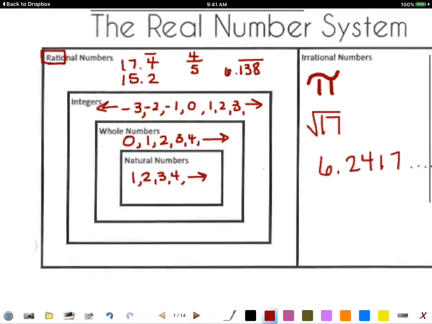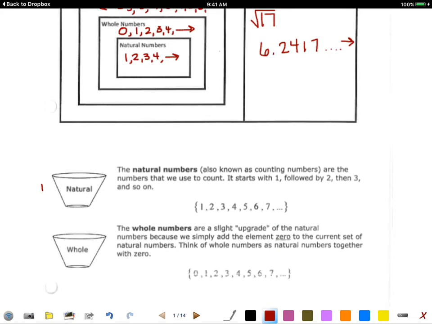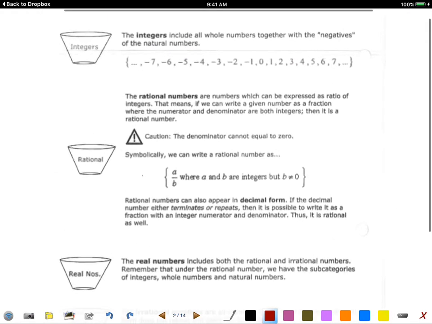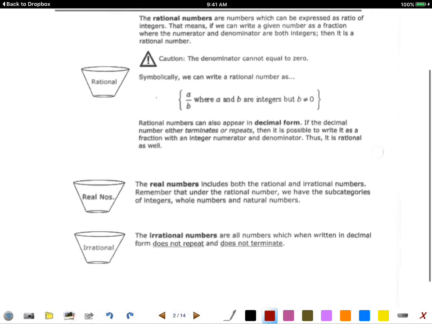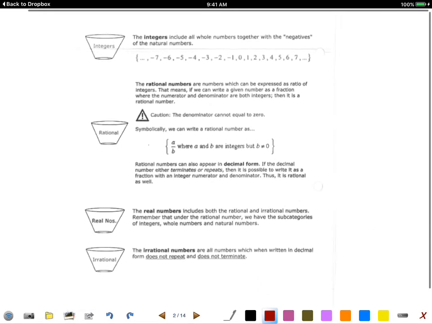Okay? All right. Now, you have these definitions for natural and whole number, and then you have the rest of them on the back here in case you need to go back and look at those. They're in your notes.